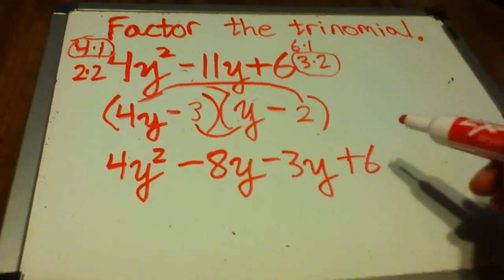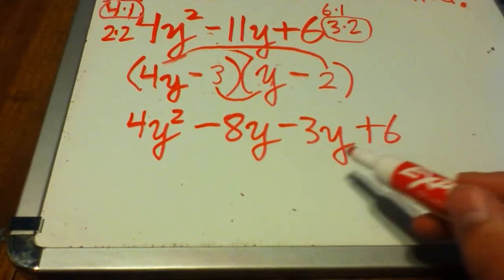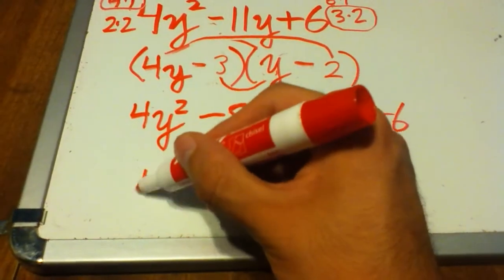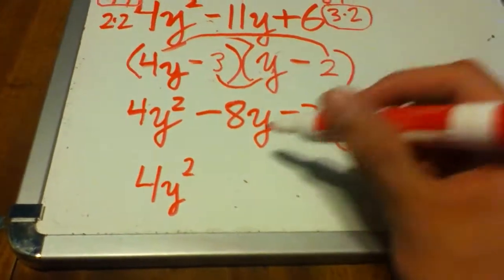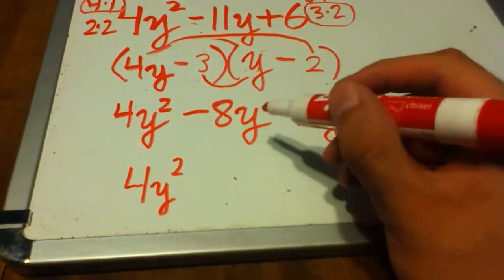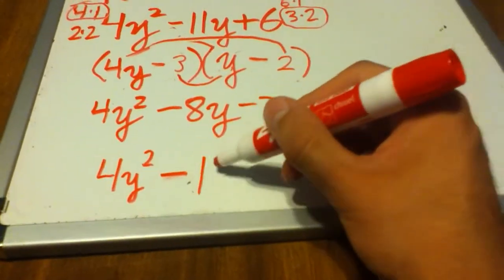So now the only thing to do is combine like terms. I don't have any y squareds to combine, so I could bring that down. And then negative 8y minus a 3y will give me a negative 11y.